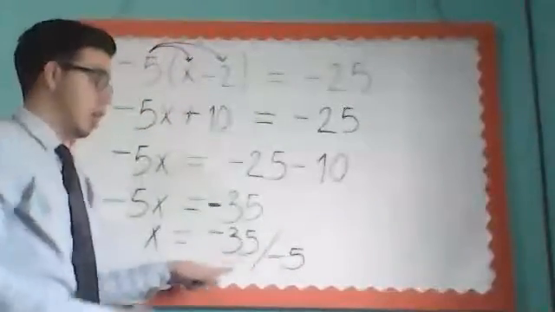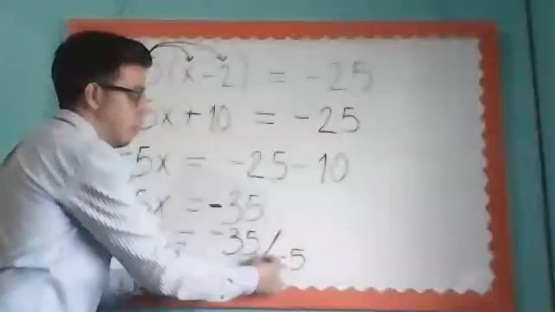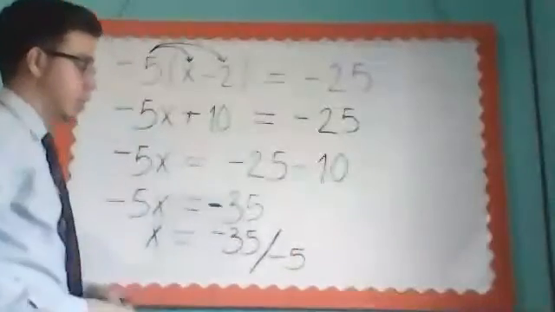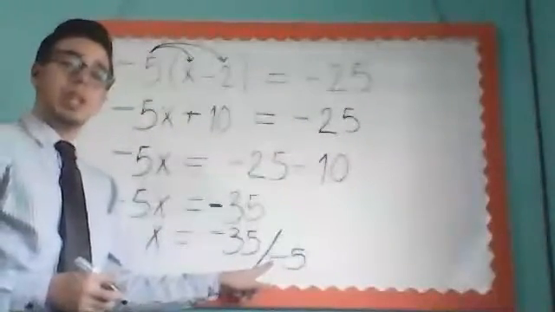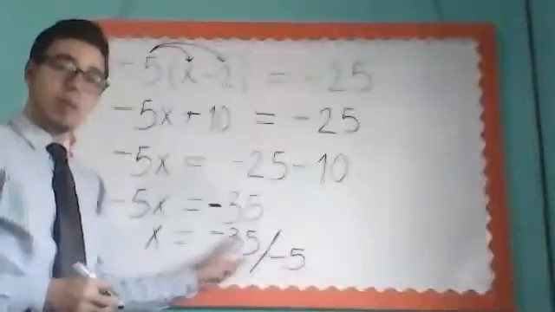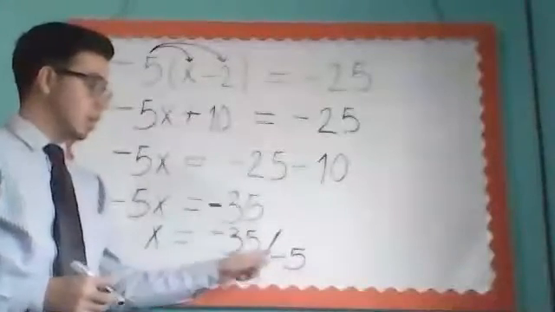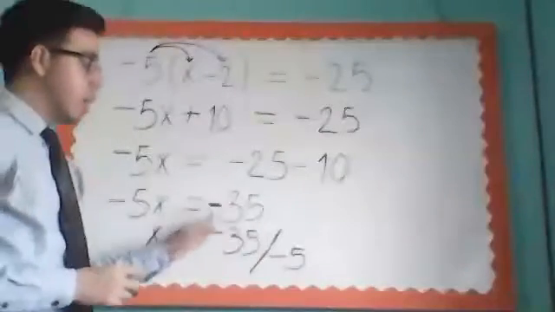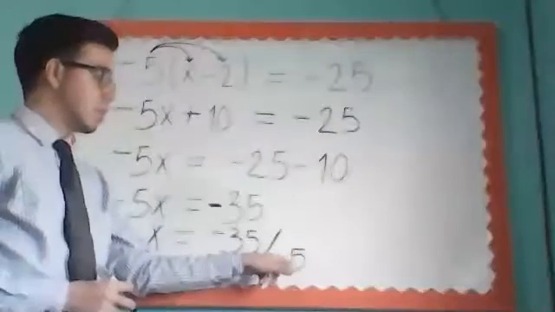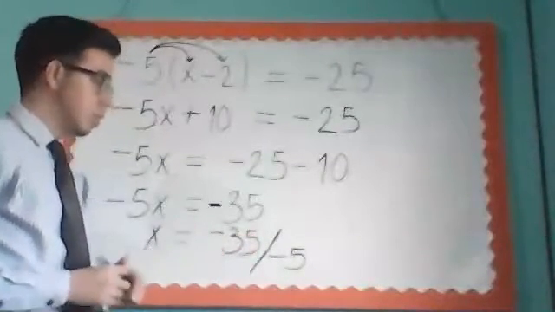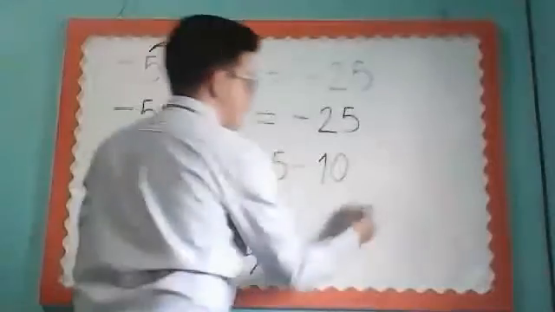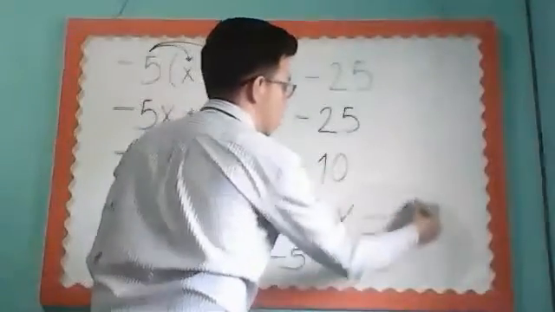It's only that I don't have enough space to write it over. Negative and negative, the answer at the end is going to be positive. Negative, negative is going to eliminate. And one number that multiplied by 5 is equal to 35. It's 7, right? So the answer is going to be x equal 7.